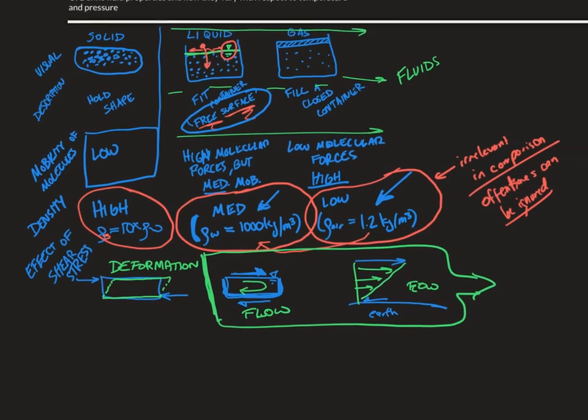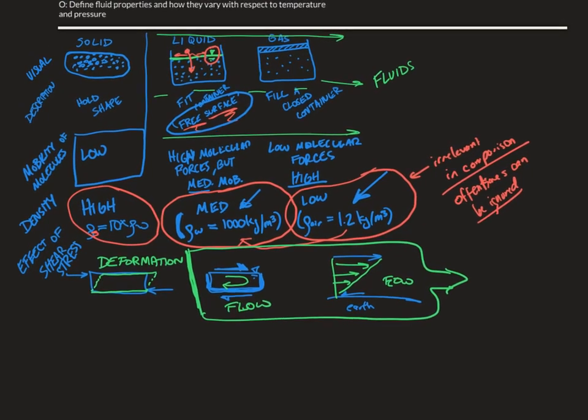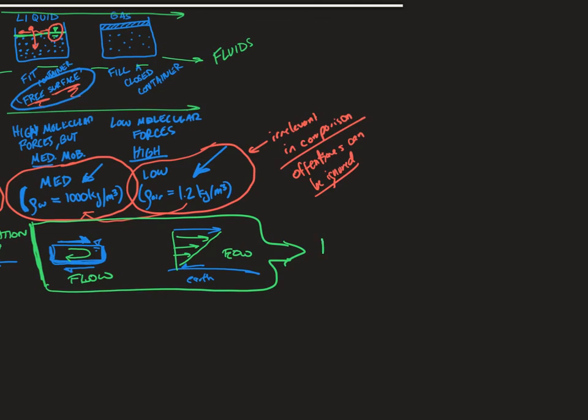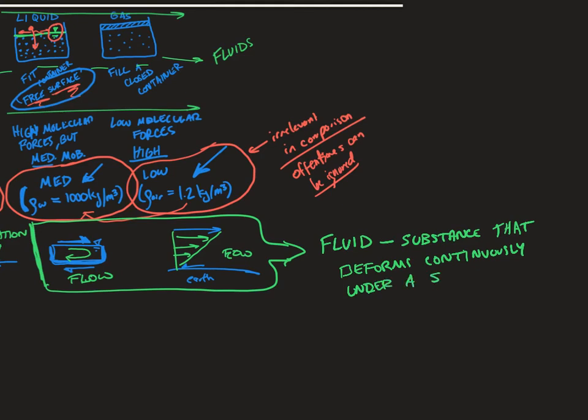I'm going to zoom out just a bit, if it will let me. We're going to define a fluid right here, because this is the key to what a fluid is. It is a substance that deforms continuously under a shear stress.